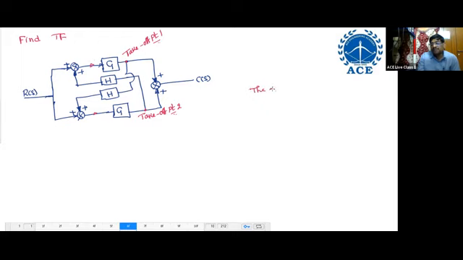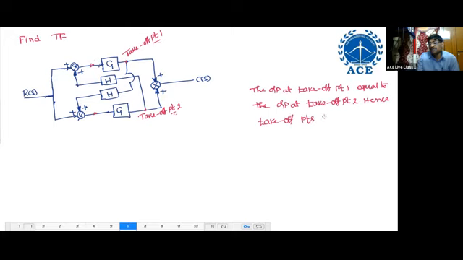So the output at take off point 1 equals the output at take off point 2. Hence take off points 1 and 2 can be interchanged.